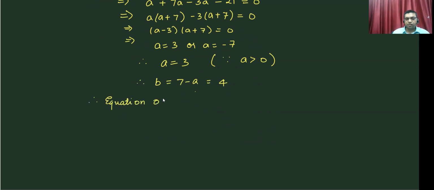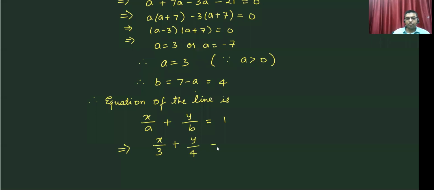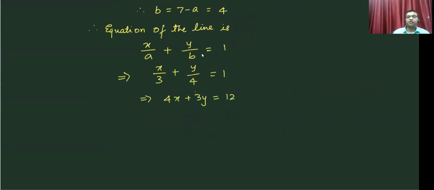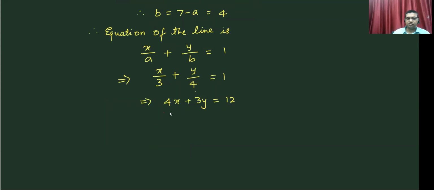The equation of the line is x/a + y/b = 1, which is x/3 + y/4 = 1. So 4x + 3y = 12 is the equation of the line. You can write 4x + 3y - 12 = 0 or you can leave it here.